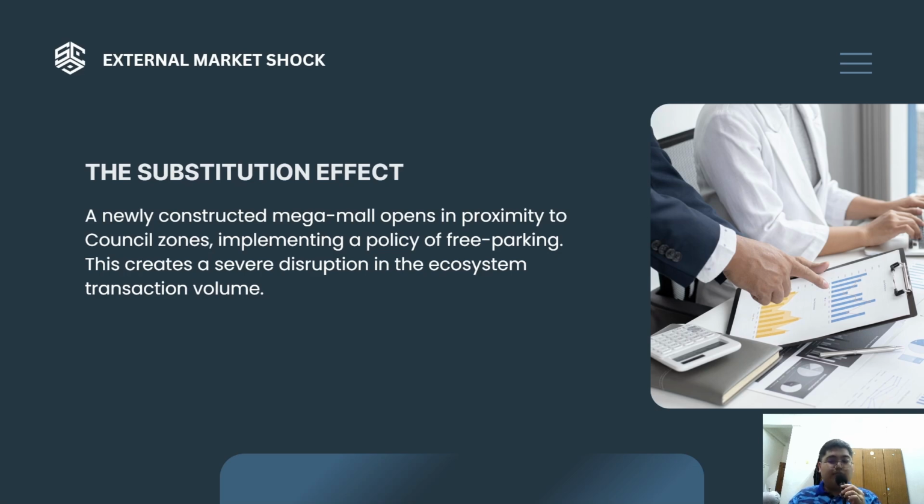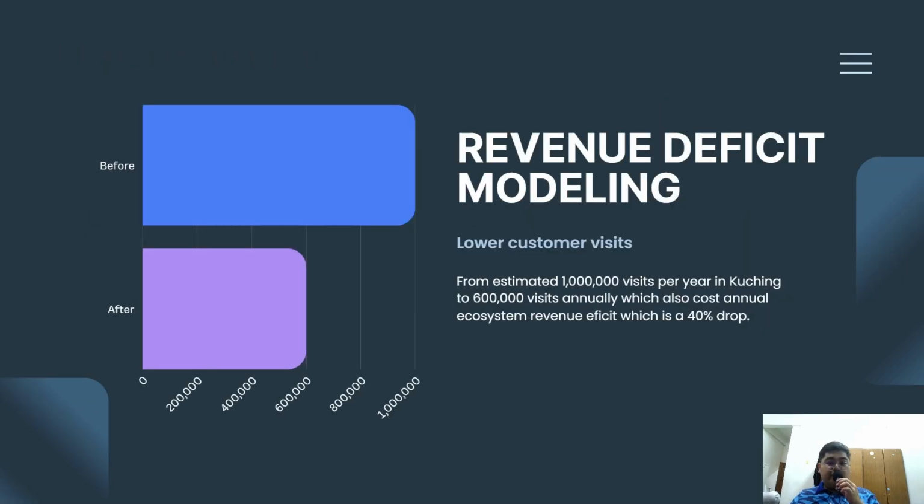For revenue deficit modeling, this lowers customer visits from the estimated 1 million visits per year in Kuching to 600,000 visits annually, which causes an annual ecosystem revenue deficit, a 40% drop, as you can see in the chart.